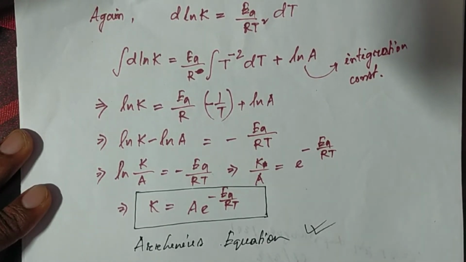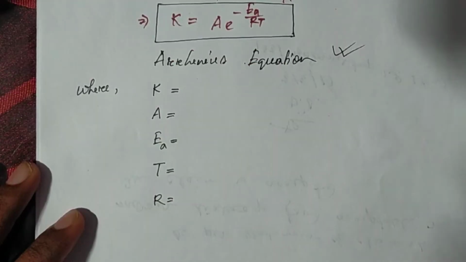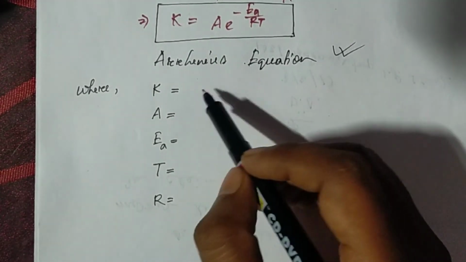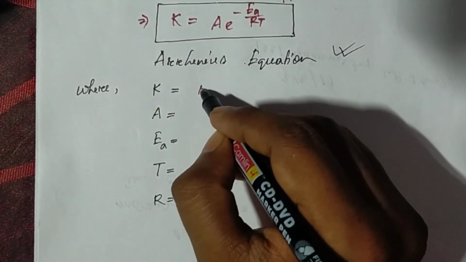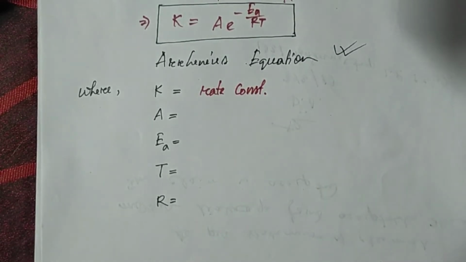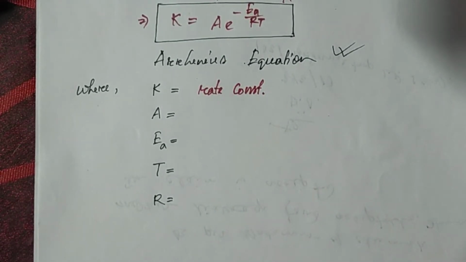Okay, so in this equation, k is the rate constant, or you can say that k is the number of collisions per second leading to a reaction.